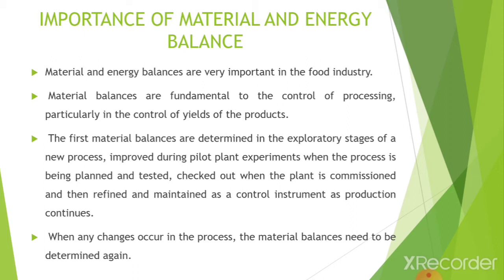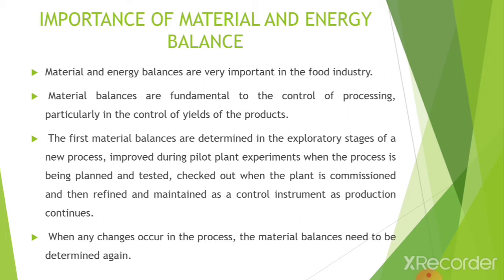So then these exploratory stages improve during pilot plant experiments when the process is being planned and tested, and finally checked out when the plant is commissioned, and then refined and maintained as a control instrument as the production continues. So in this way we have to apply the material balance.